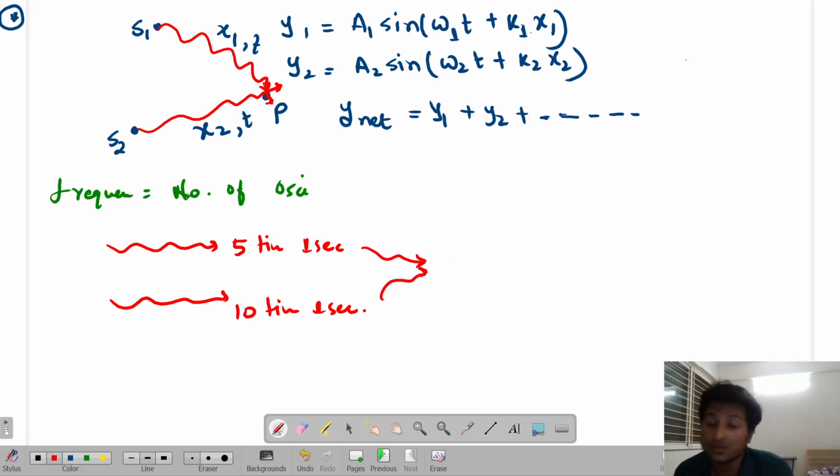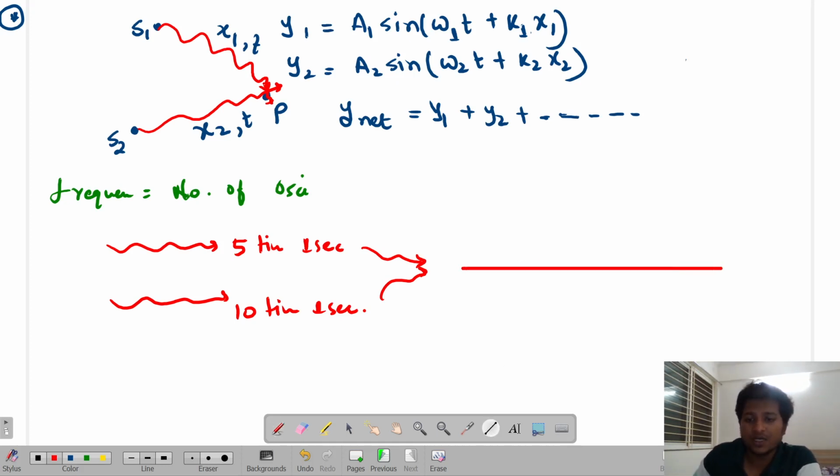The answer is no. Try to understand the meaning of superposition. What is the meaning of oscillation? Let's suppose I have a time of 1 second, and this wave oscillates 5 times.